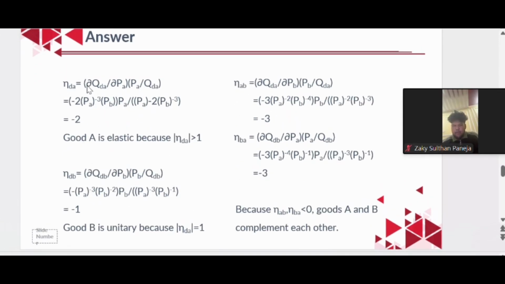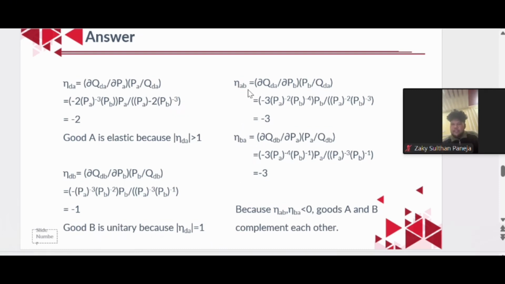And then we search for the elasticity of demand for A. The final answer is good A is elastic because its elasticity is more than 1, and the elasticity of demand for B is unitary because it equals 1.